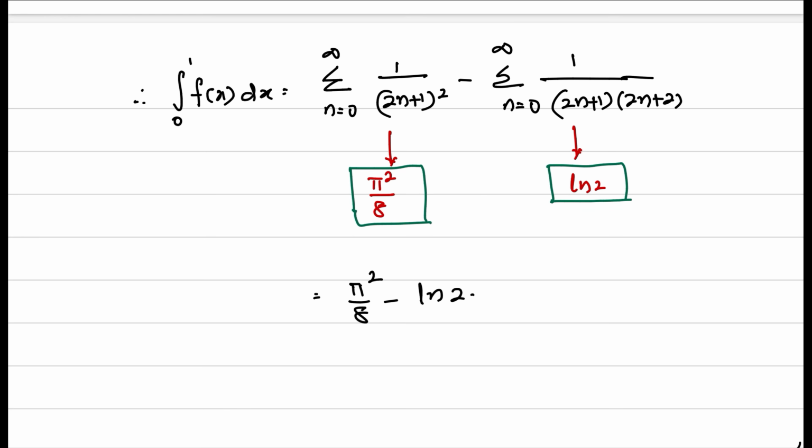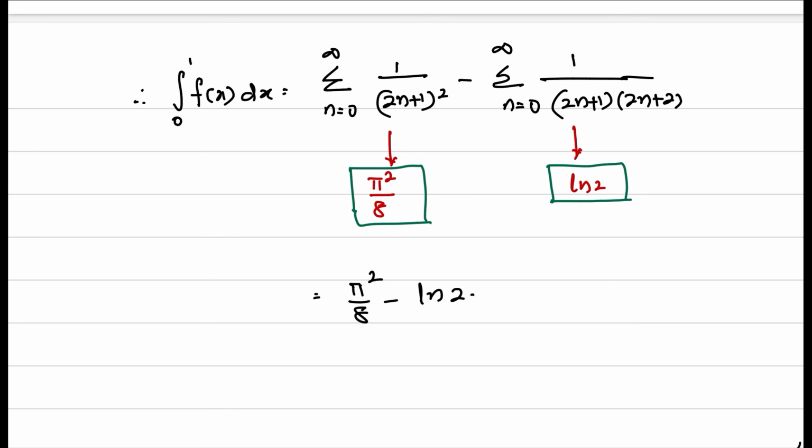Here the process is more important: converting the limits from 0 to 1 into terms of n, converting function x in terms of n, applying the regular integral and finding it, and after finding that integral, applying the sum of n equals 0 to infinity and finding the series sum.